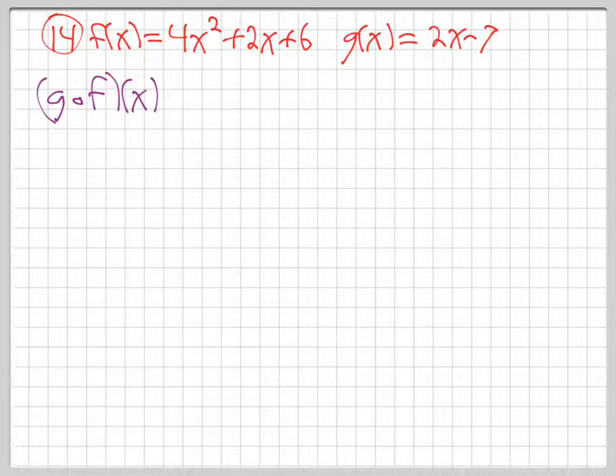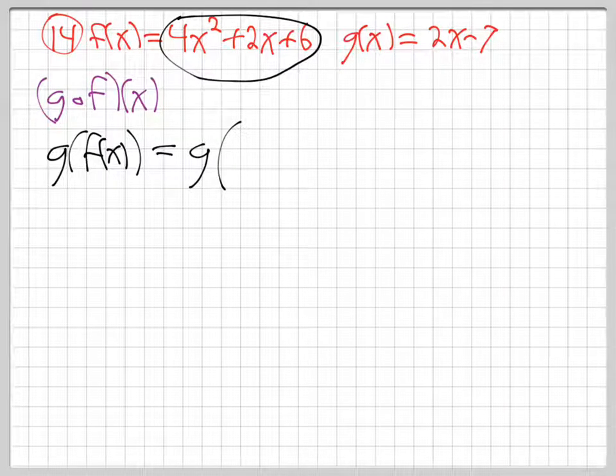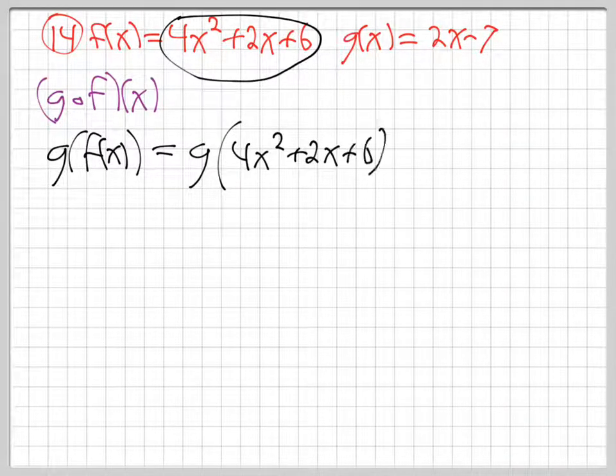What that really means is g with f of x inside, like that. And so that means put all of f of x right here into g. All of this into g.